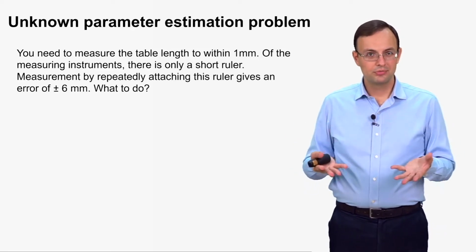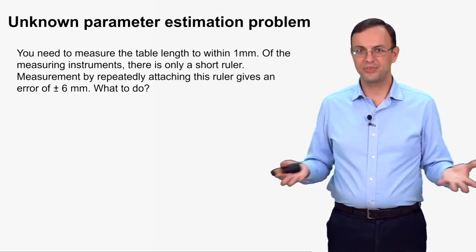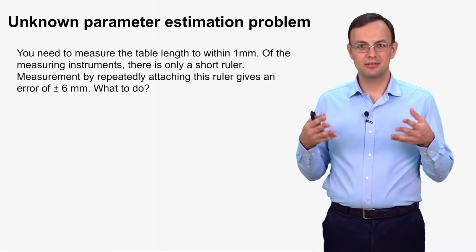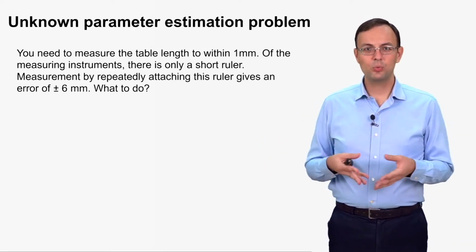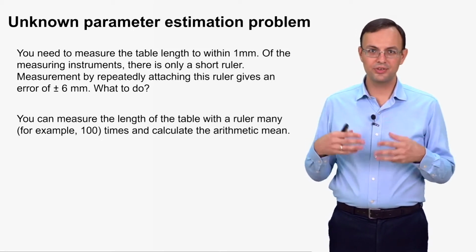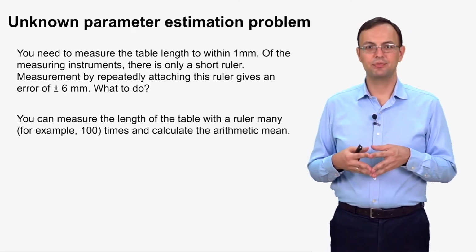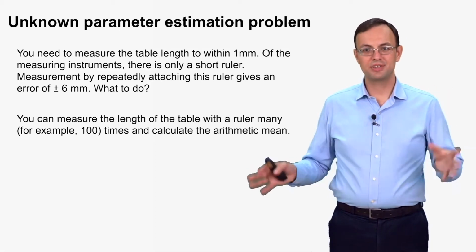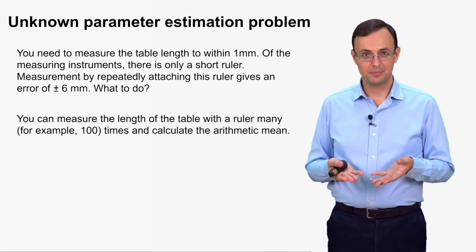So what to do? How can we solve this problem? How can we avoid these big, unacceptable errors? The natural way to do so is to do this measurement several times, many times. If you want high accuracy of measurement, let's say 100 times, and then calculate the arithmetical mean of these measurements.